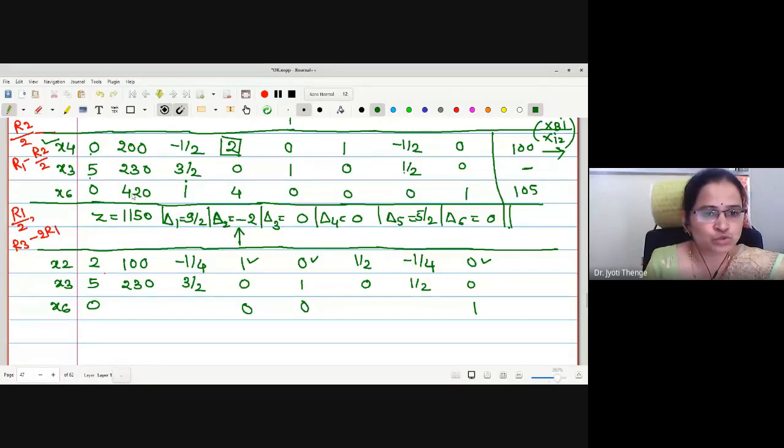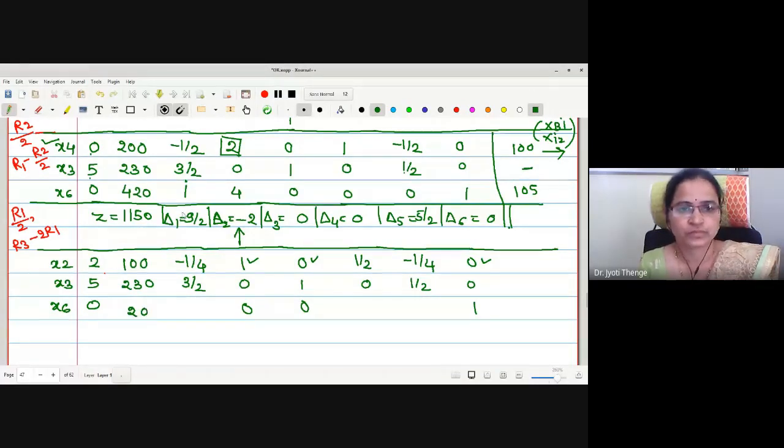Now R3 minus 2R1. 420 minus 200 into 2, that is 400. 420 minus 400 is 20. Then 1 minus of minus 2R1: 1 minus of minus plus 2 into half is 1. 1 plus 1 is 2.